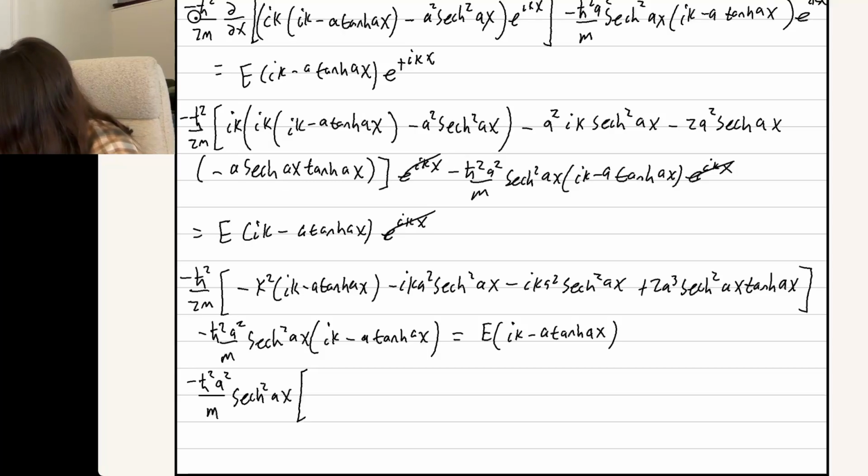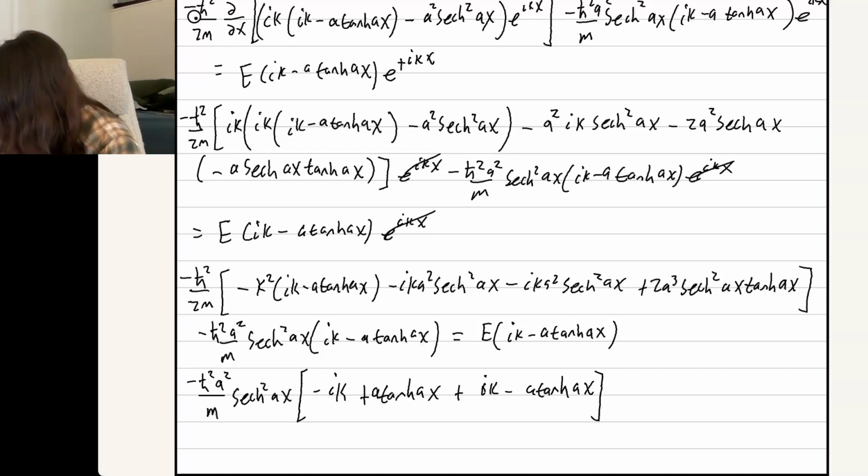So it's going to be minus ik plus a tanh ax plus a tanh ax. That's a good note to have. Plus ik minus a tanh ax.